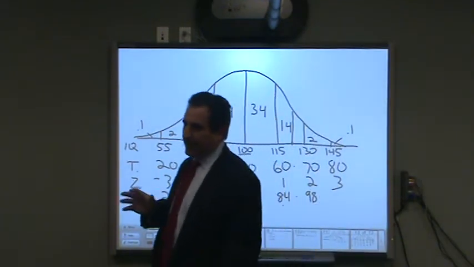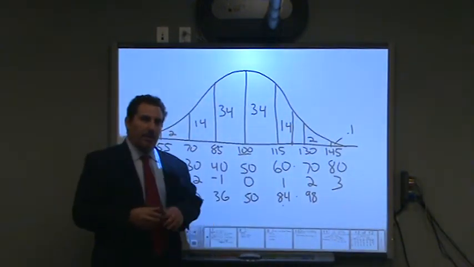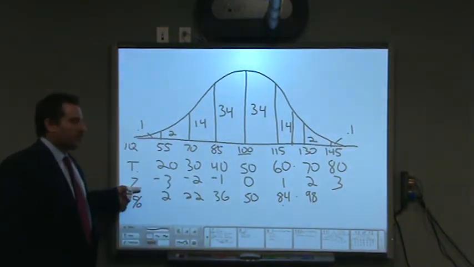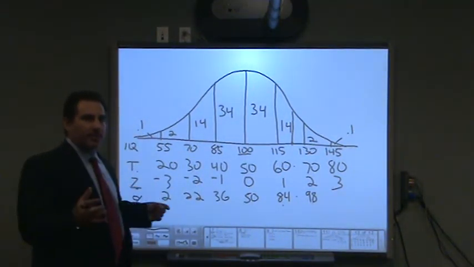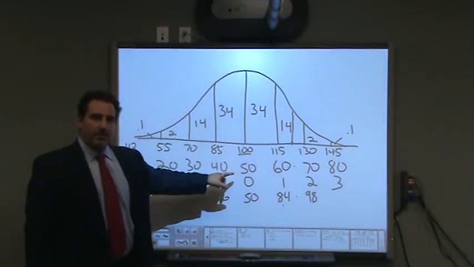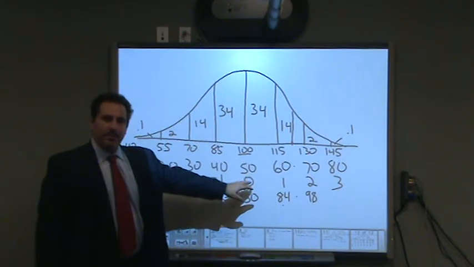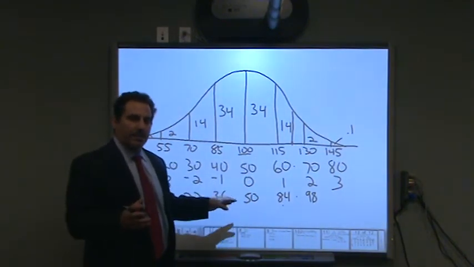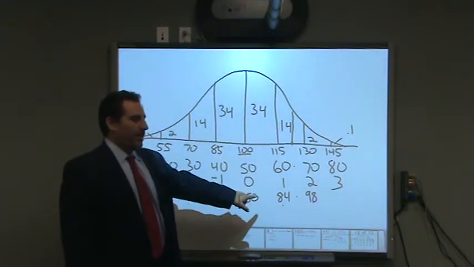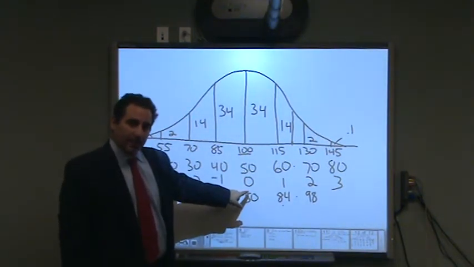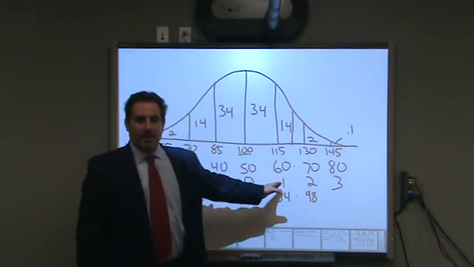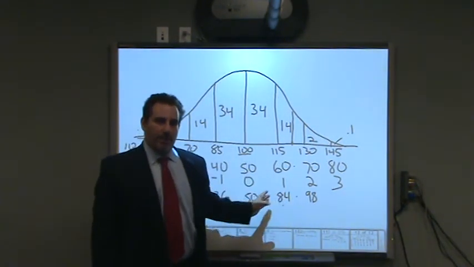Now, the other part of this that you've been acquainted with already, but I'm just going to reiterate it, is something called z-scores. Z-scores are just standardized scores like the IQ score or like the T-score for the MMPI, but the standardization is on a different scale. Z-scores are calculated so that the mean is equal to 0, and each standard deviation is a z-score of 1 away from the mean.